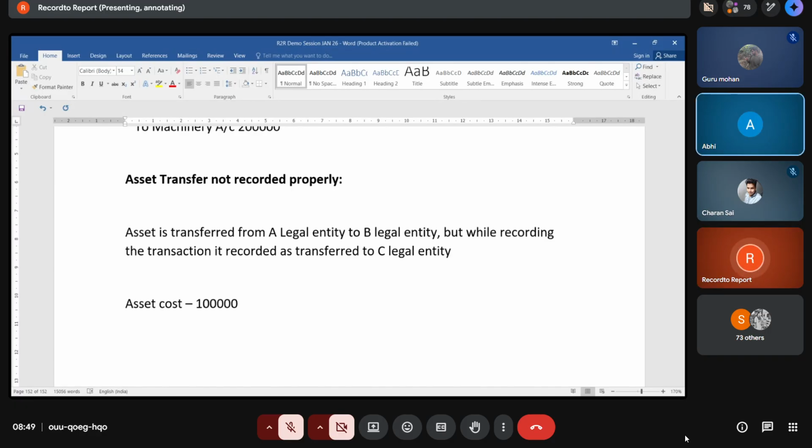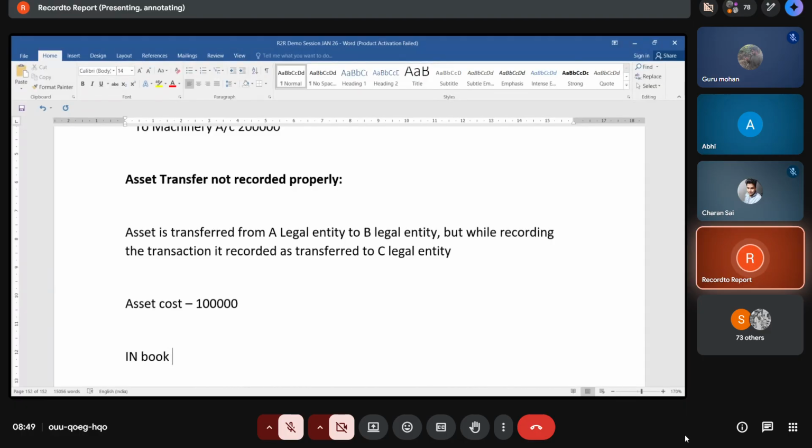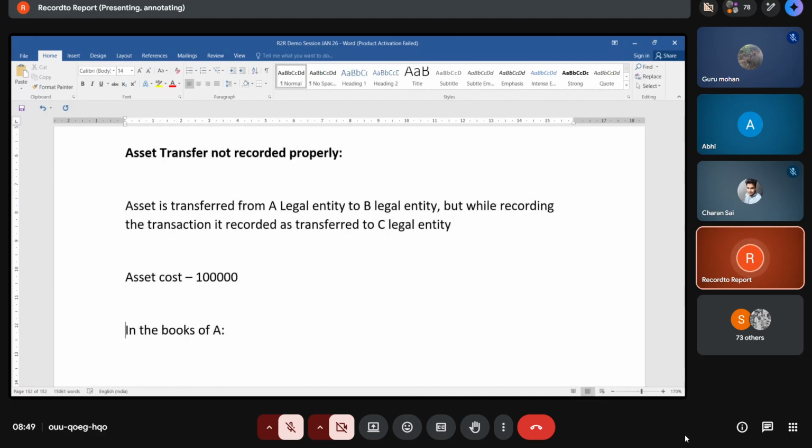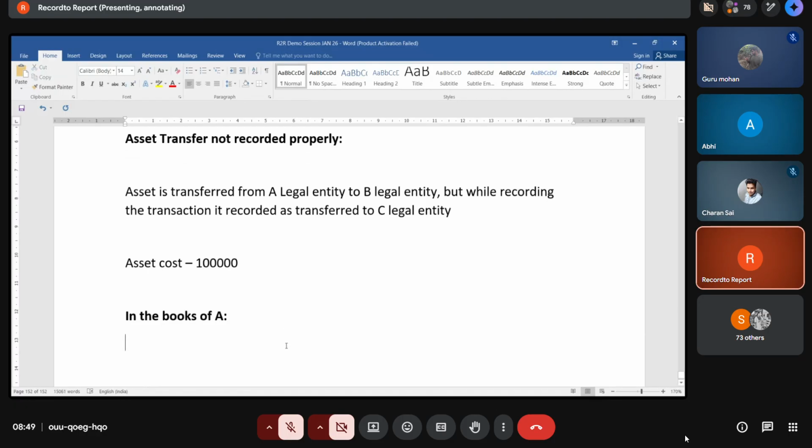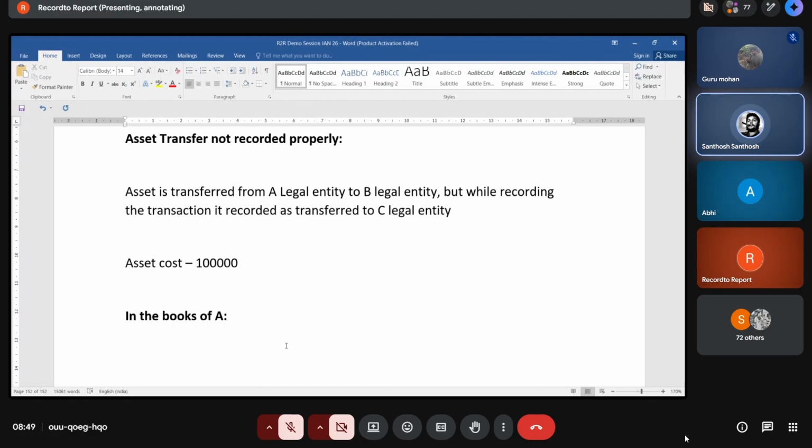So in the books of A, what is the entry recorded? If they transfer the asset from one legal entity to another, is A a receivable or payable? A is the receivable and B is the payable.